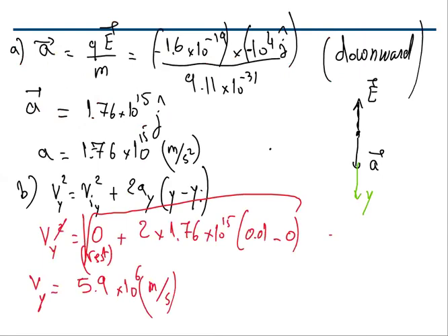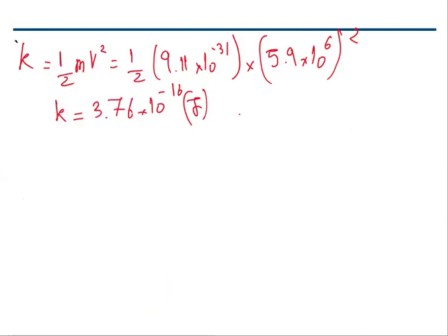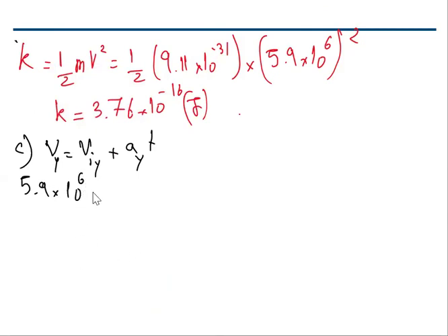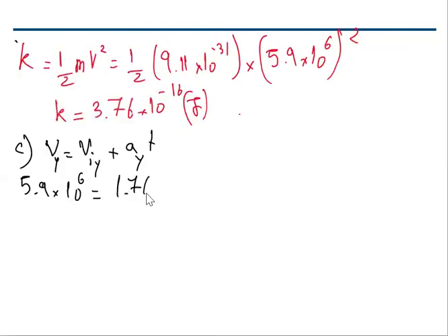The last question of this example: how long does it take to travel to the lower plate? Question C is asking about the time. We have v along y equals v initial along y plus a_y t. So this equals v final. How much did we say v final is? It's 5.9 times 10^6, equal to the initial, which is 0, plus the acceleration 1.76 times 10^15 multiplied by the time.